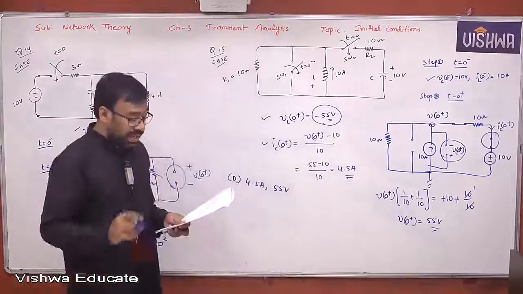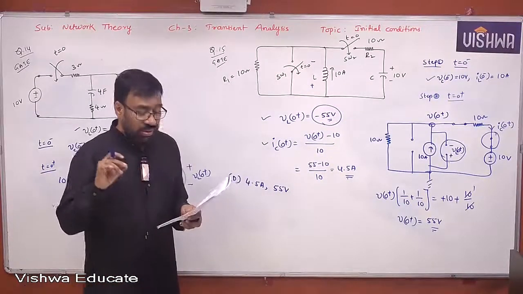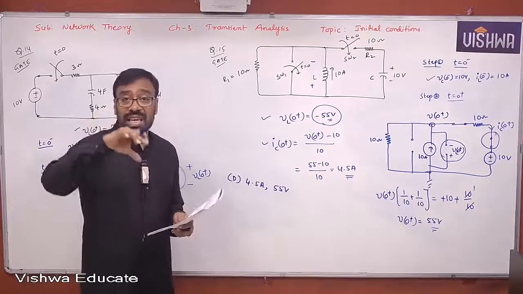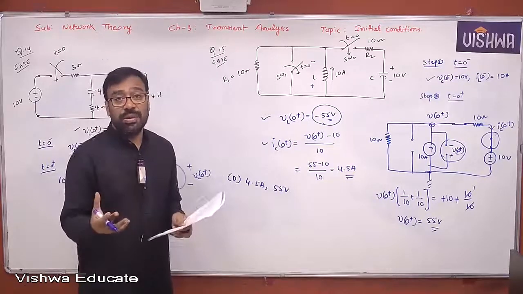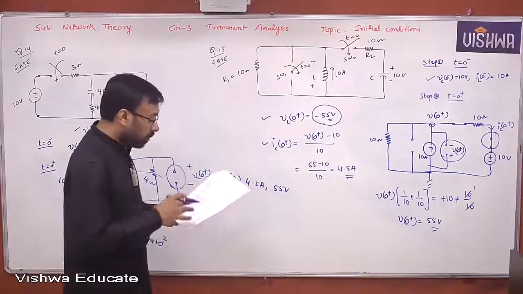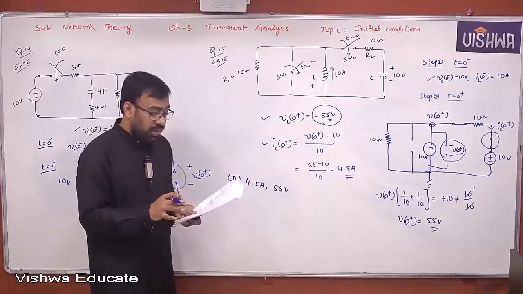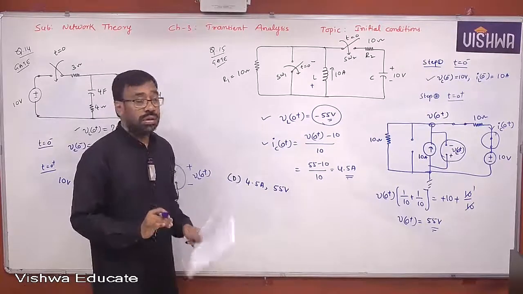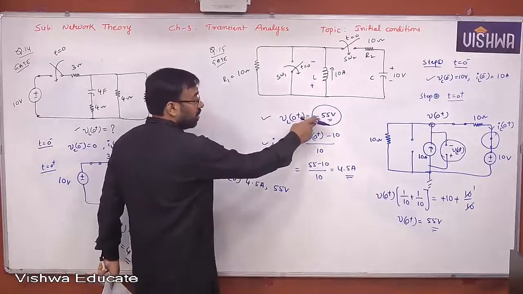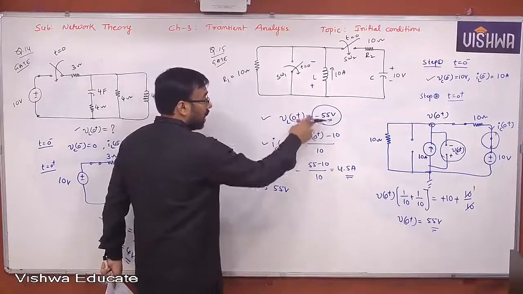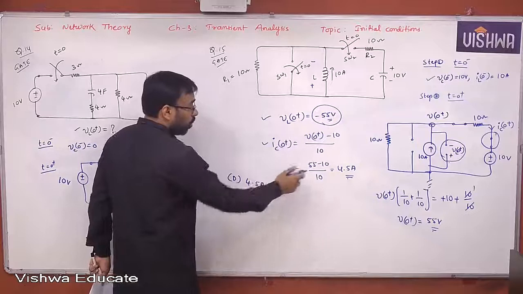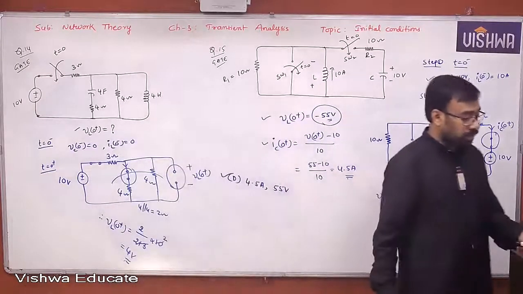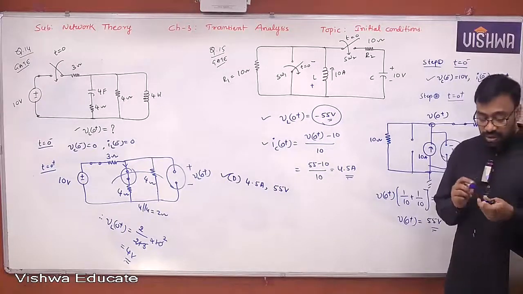But he is not asking with polarities, he is not worrying about the polarities. And if you go through the options, there was no option given with minus 55 volts. Therefore, let us ignore this sign to answer that question, and keep it as 55 volts and 4.5 amperes as it is. Go with option D. Understand all of you? Okay. Go with option D.